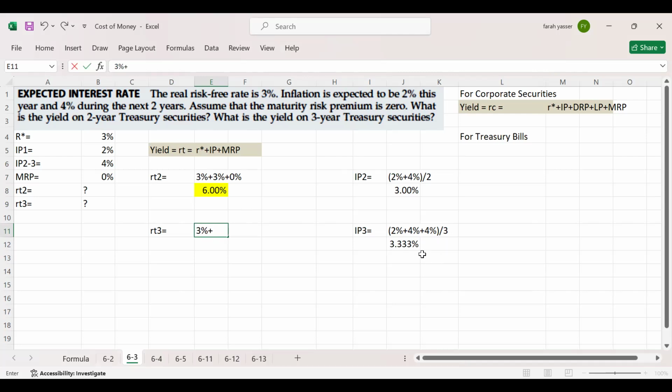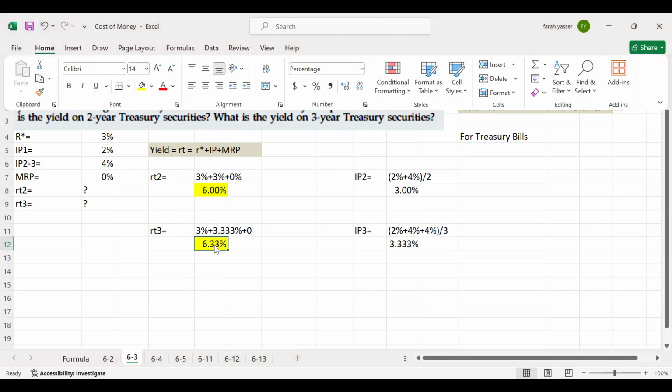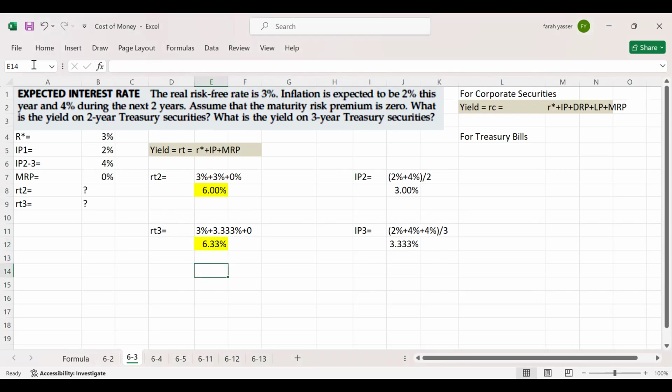Then add inflation premium, which is 3.333%. Maturity risk premium is 0 in this problem. So we will get 6.333%. So the yield on 2-year treasury securities is 6%, whereas the yield on 3-year treasury securities is 6.33%. So that's it for this problem.